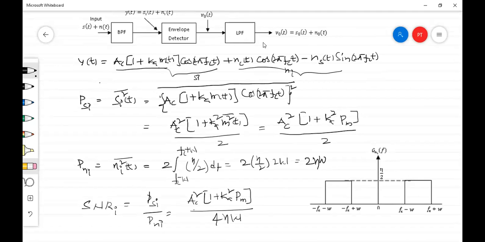Now proceed to find out the output of the envelope detector. We need to find the output signal to noise ratio. For that, first we need to detect the signal, isn't it?